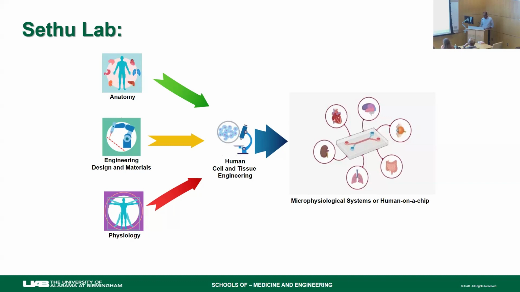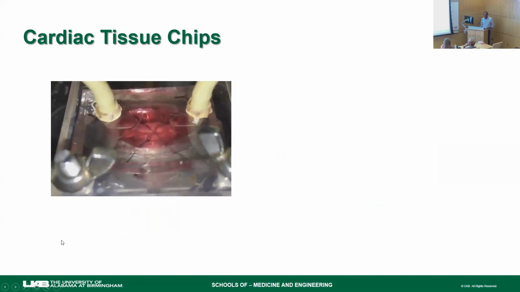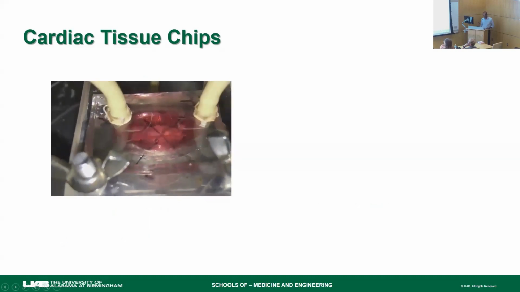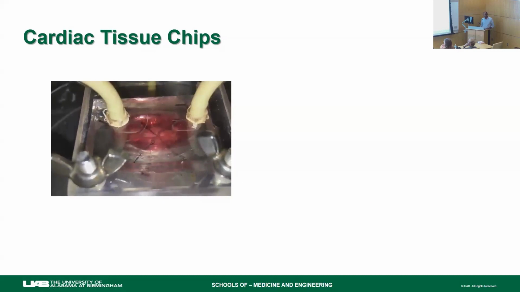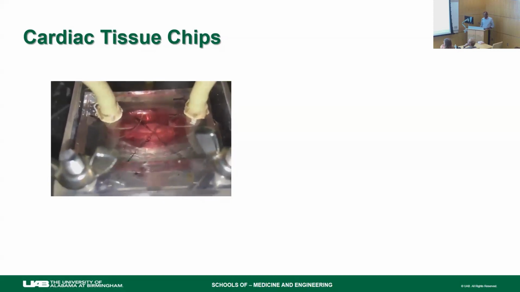So I'm not going to talk about our cardiac tissue chips, but I'll just show you one slide with what we do with these cardiac tissue chips. So what you see in that picture is a strip of cardiac tissue that we engineered in the lab. Those are made using human-induced pluripotent stem cells. We put them within these type of platforms, and what we're able to do is subject them to pressure volume loading associated with the left ventricle. So we're able to mimic changes in pressure and stretch associated with the cardiac cycle.